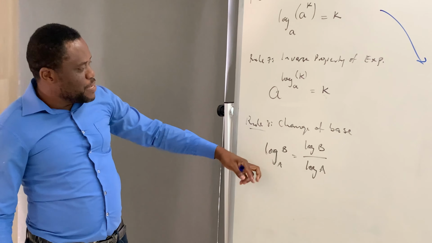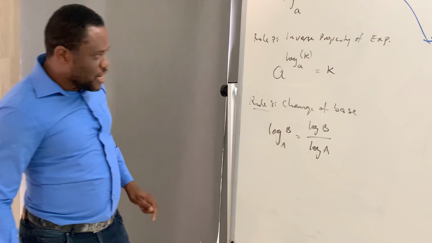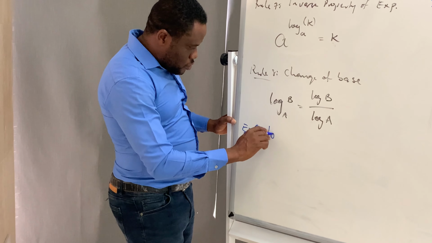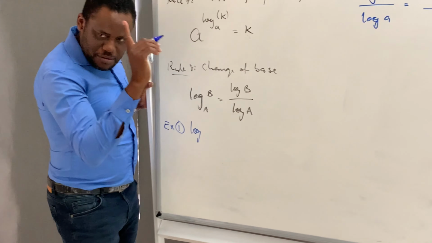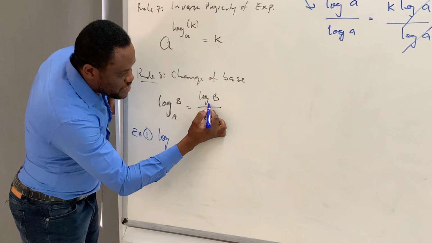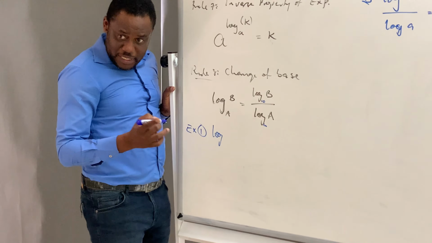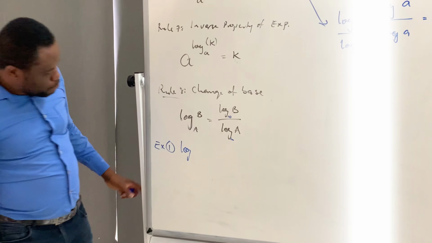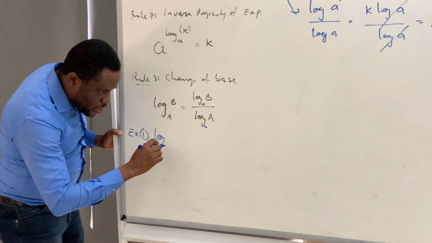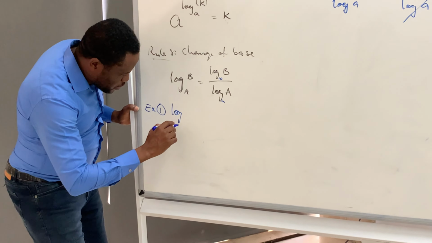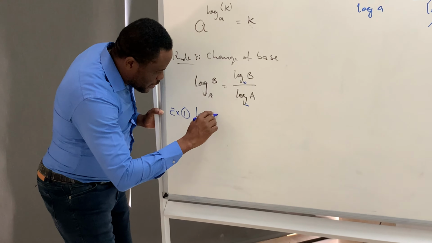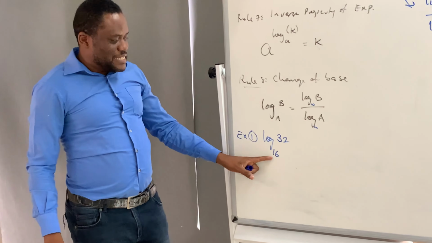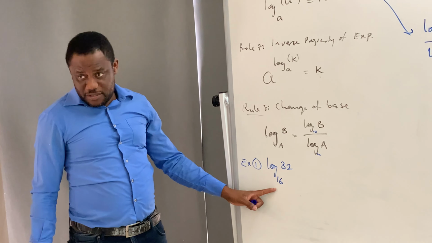Let's say we have log of 32 in base 16. But let me say this before we go: since I do not write anything here, it means base 10. Don't forget. Of course, the base can be anything.